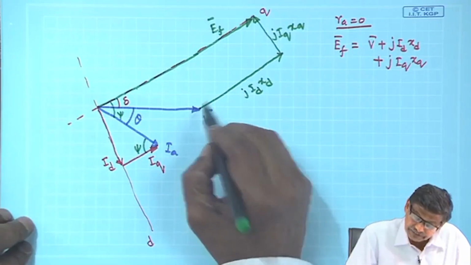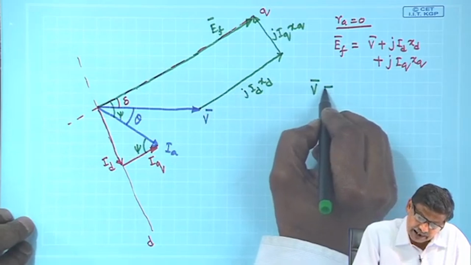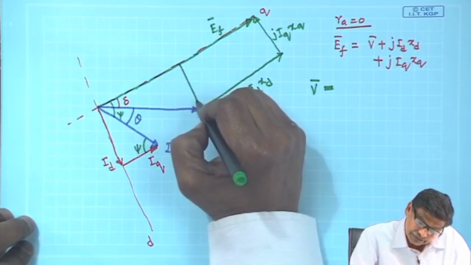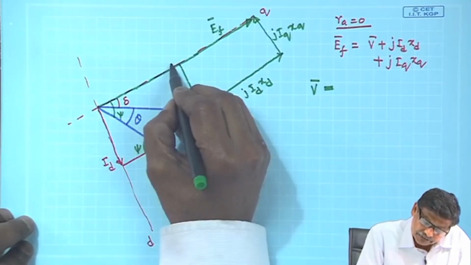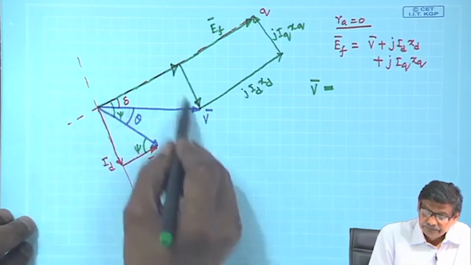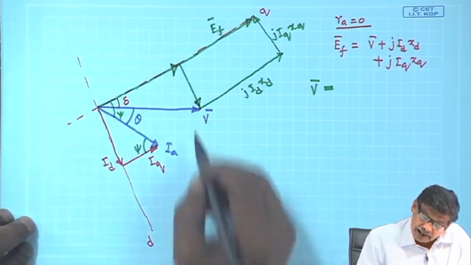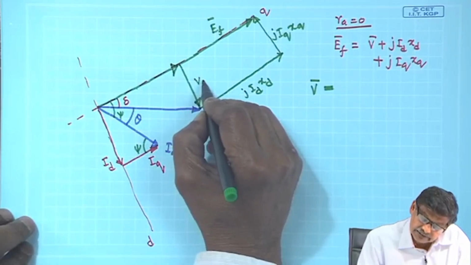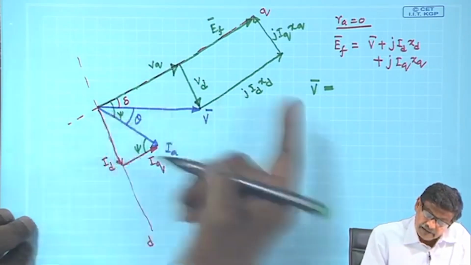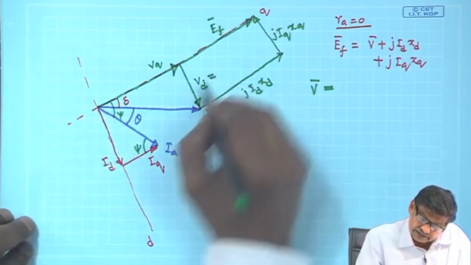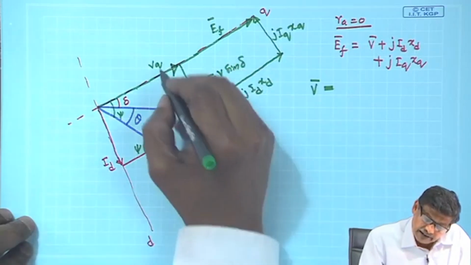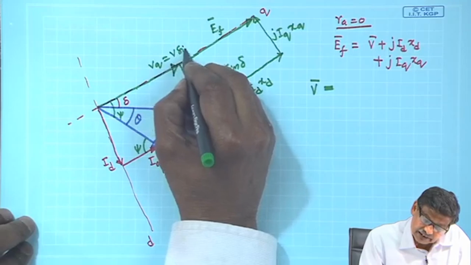Now, this voltage phasor V can also be thought of as consisting of this and this, and this is V_d and this is V_q. V_d is V sin delta and V_q is V cos delta.